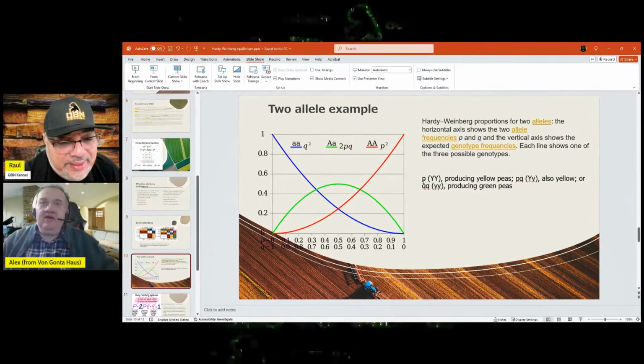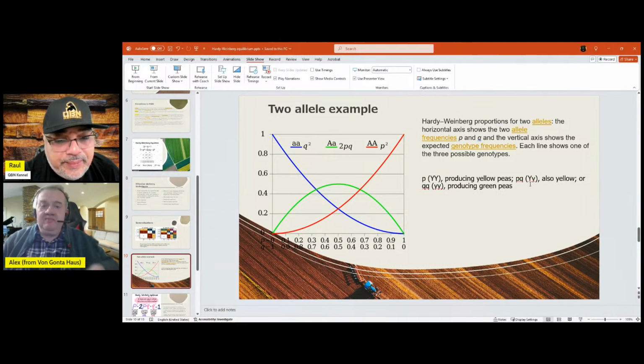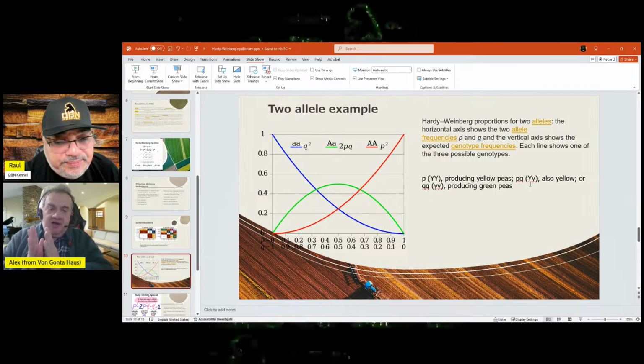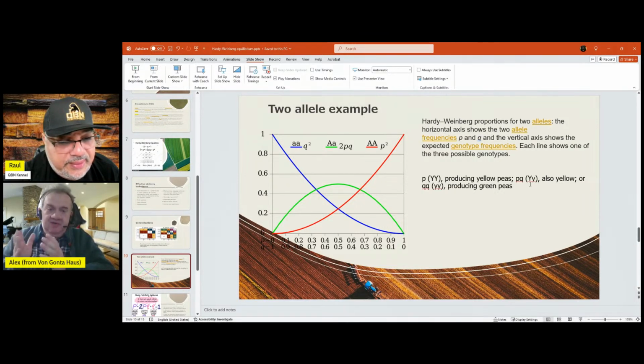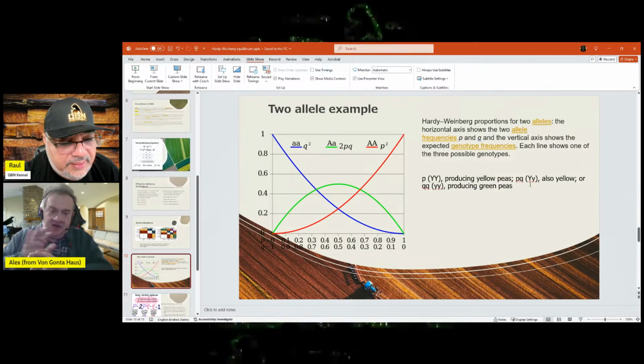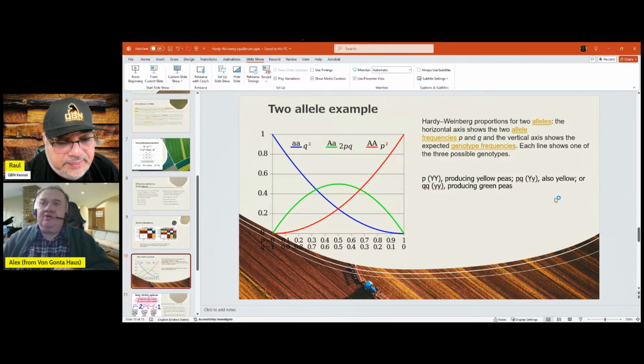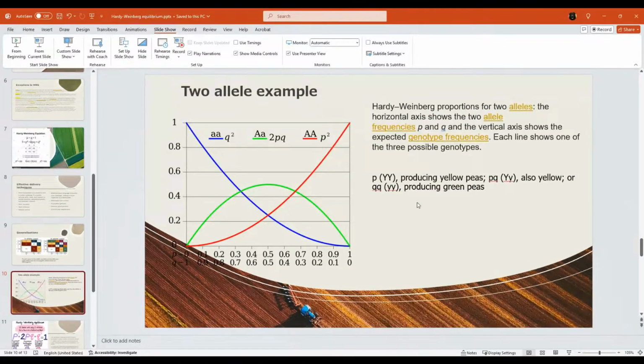P is the yellow peas. PQ is the mix of the yellow and the green. It's the dominant and recessive. It's the recessive masked by the dominant, but it looks like the dominant trait, with a recessive hiding behind it. So that's the yellow color, and QQ is the green peas.